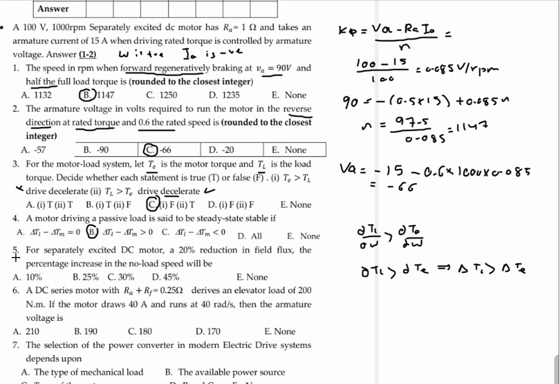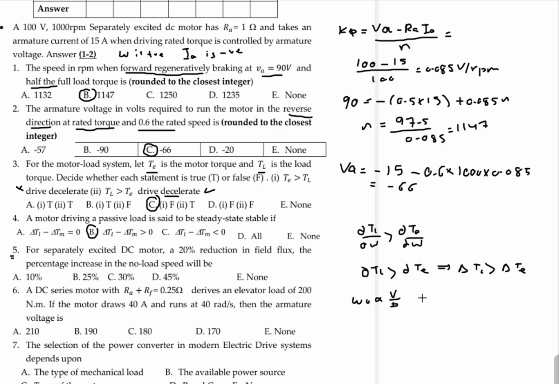For the fifth question, for the separately excited DC motor, a 20% reduction in the field flux, then the percent increase in the no load speed will be. We know that omega naught is proportional to V over flux.